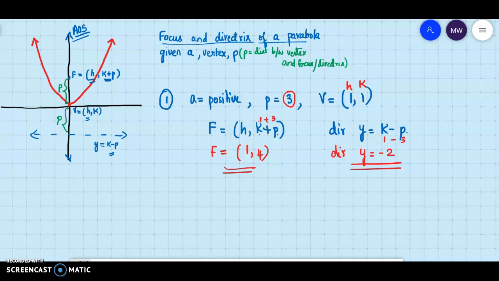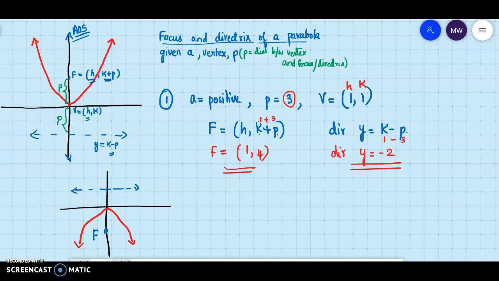So if you think about this, another example where a is negative. Let's talk about when a is negative, what will happen. So we have our graph, and since a is negative, our parabola will face down. So our focus will be inside and our directrix will be above. Their places will get switched.